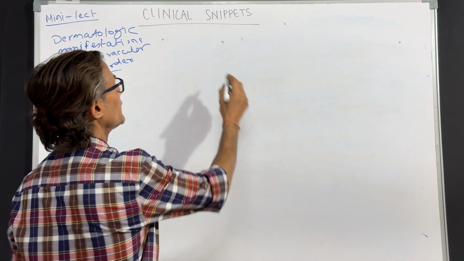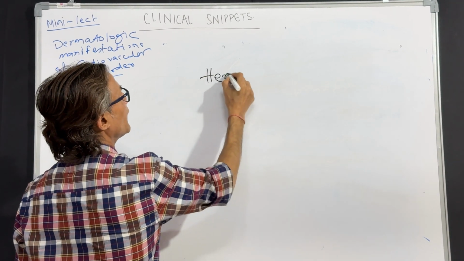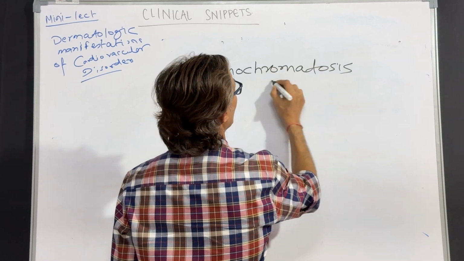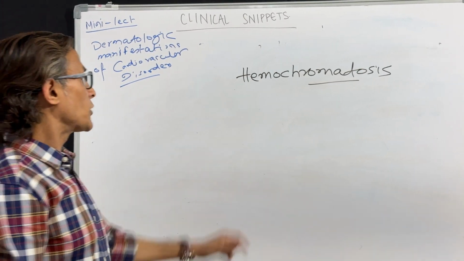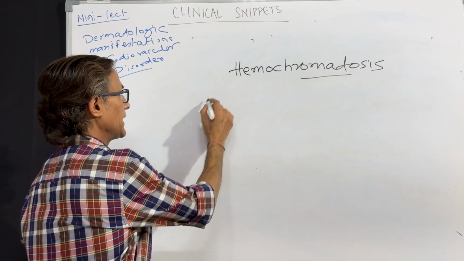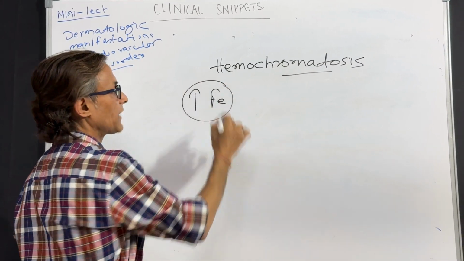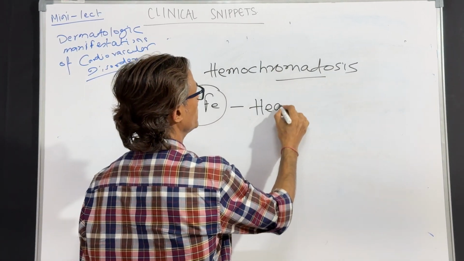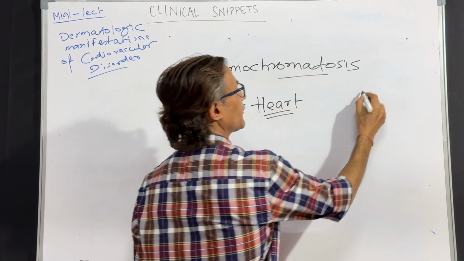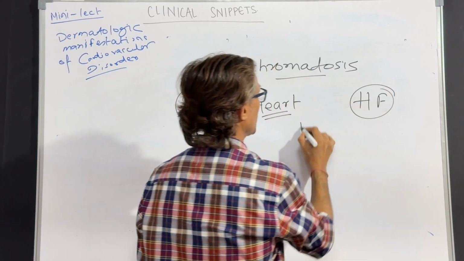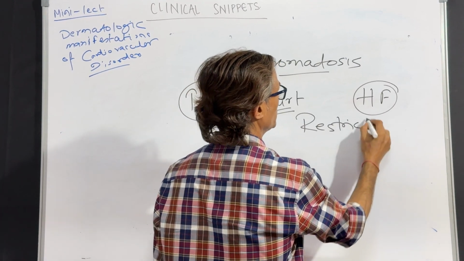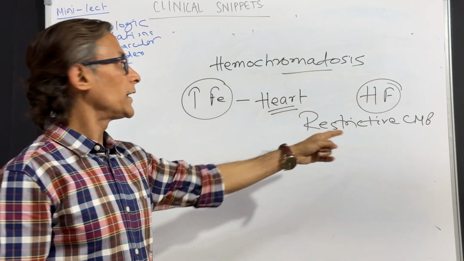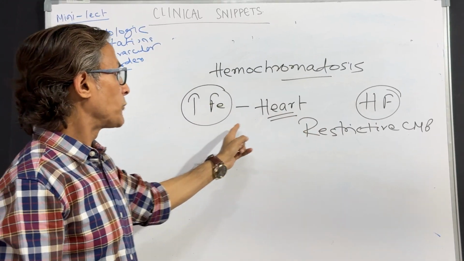Now another thing is hemochromatosis. Abnormal iron metabolism, increased ferritin, excessive iron, and this iron is deposited in the heart. It will cause heart failure, especially restrictive cardiomyopathy, because iron is getting deposited in the heart.